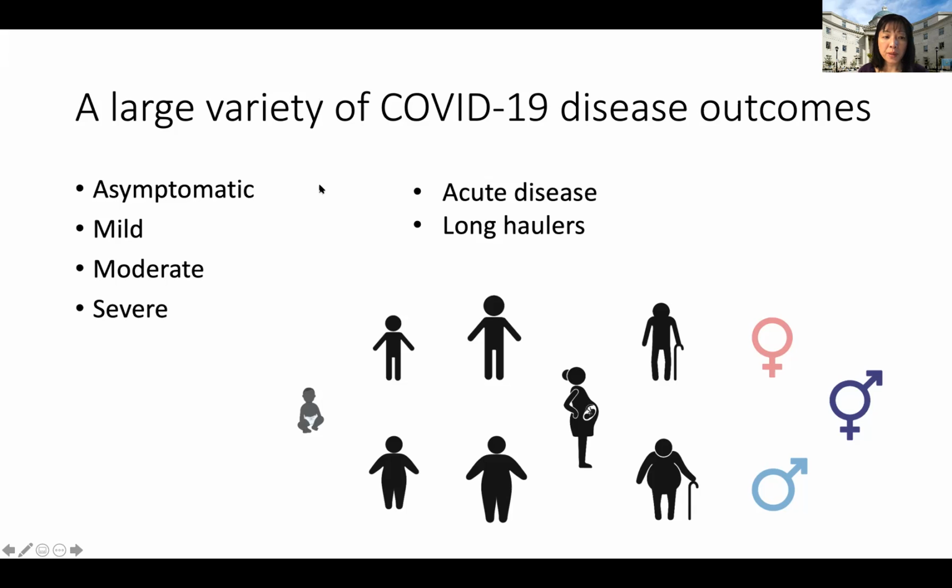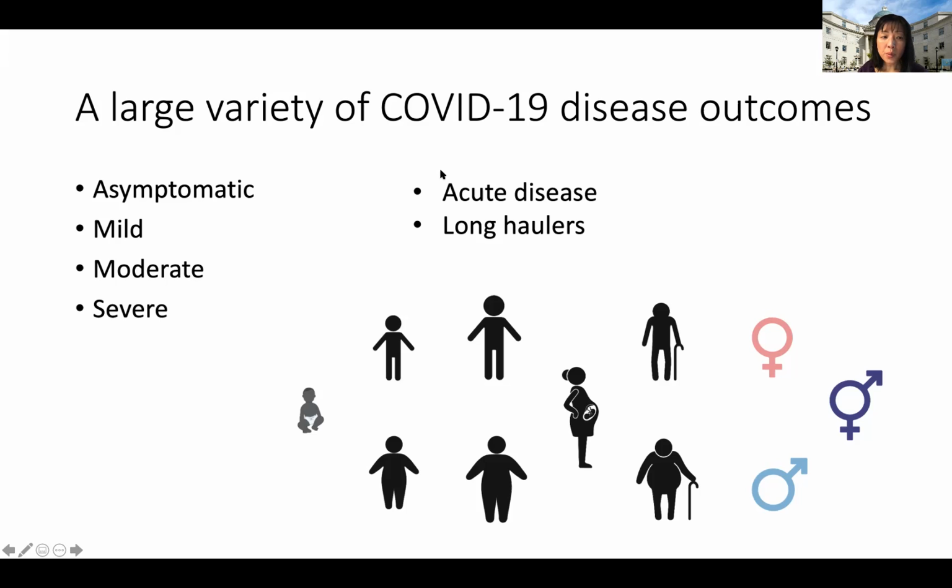Some people get completely asymptomatic disease from SARS-CoV-2 infection and are not even aware that they've had the virus, whereas others get mild disease with fever and cough, and others get moderate disease, which requires hospitalization, and others get more severe disease, which requires sometimes admission to the ICU and ventilator use.